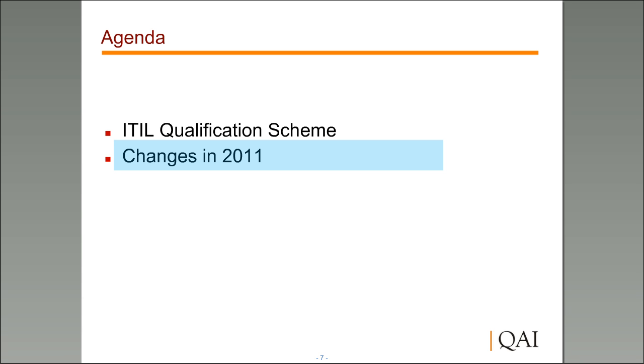Okay. Before I move to the next part, the changes in 2011, you can shoot your questions for the qualification scheme. As of now, I have Rajiv, and I guess I have answered Rajiv.